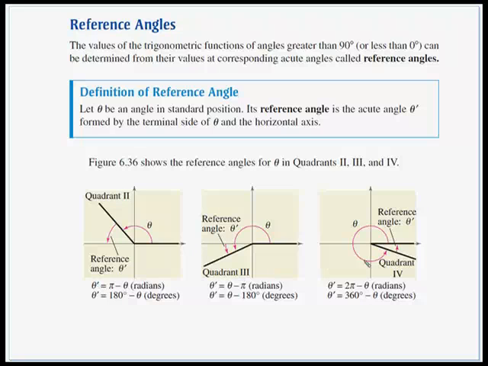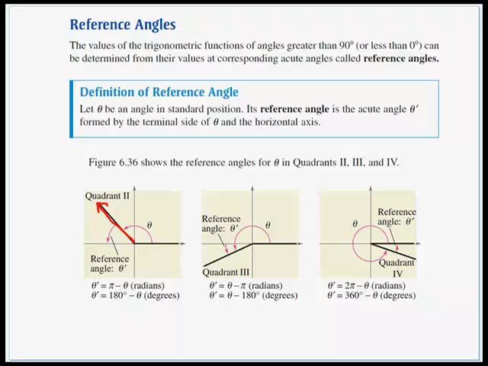We see down here theta prime is the reference angle we're looking for, and in each quadrant it's a slightly different way to find this reference angle. I think an easier way to look at this is, if you're given an angle, the reference angle is the quickest way back to the x-axis. Here in the first picture we open our angle up and our terminal side is in quadrant 2.